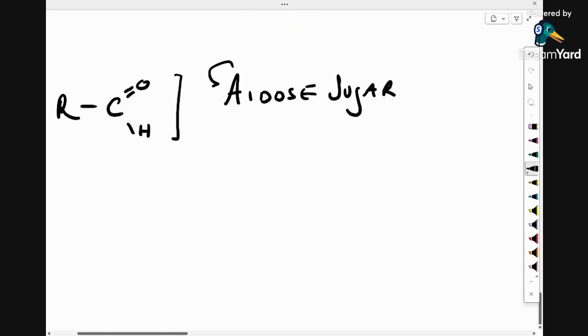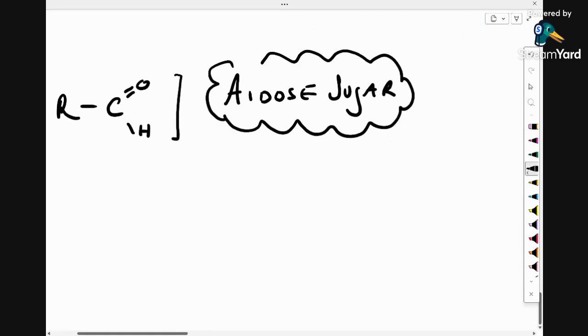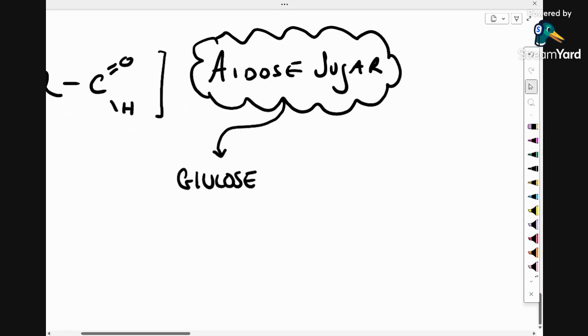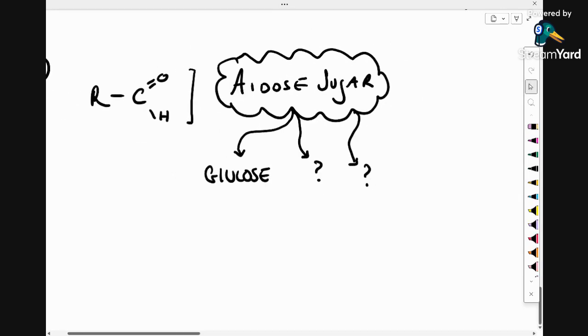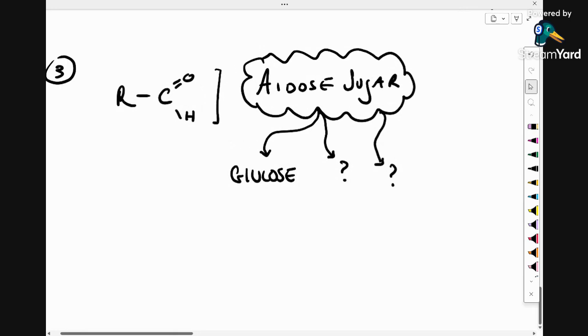And within this group, there are lots of different sugars, one of which is glucose, which we've come across. There are others as well, but I'm not going to mention them. Glucose is our case study, but it's just worth bearing in mind this is kind of like a surname for humans.